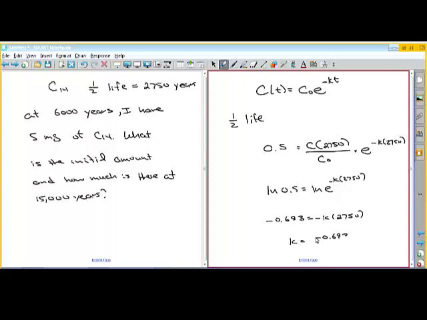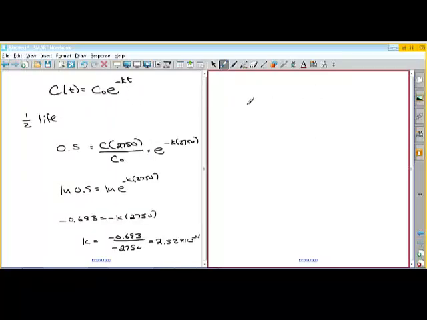So k is equal to negative 0.693 divided by negative 2750. 0.693 divided by 2750, and I get 2.52 times 10 to the minus 4.